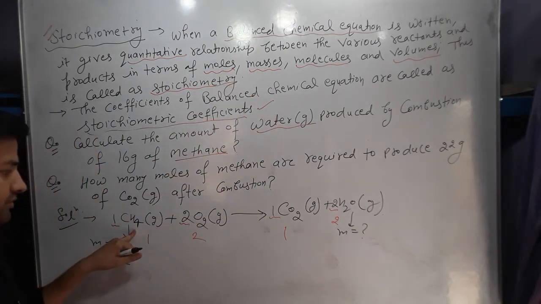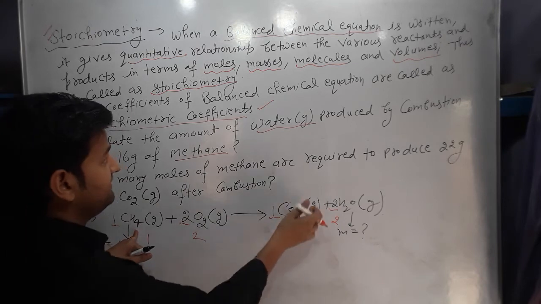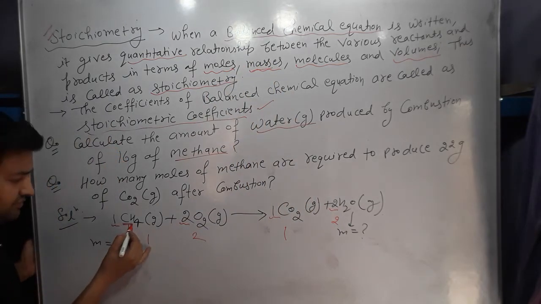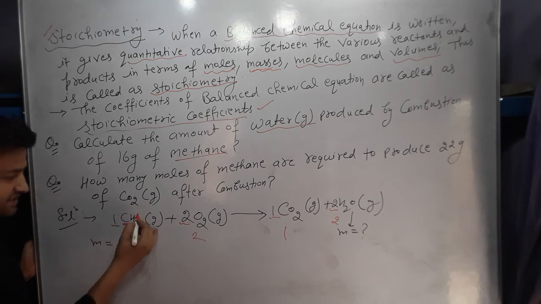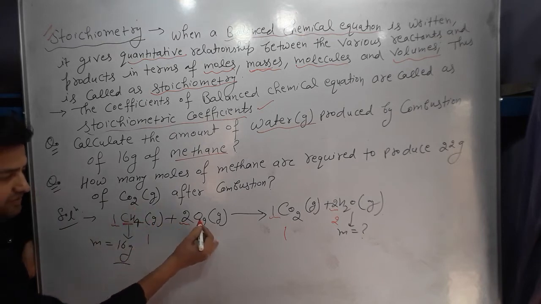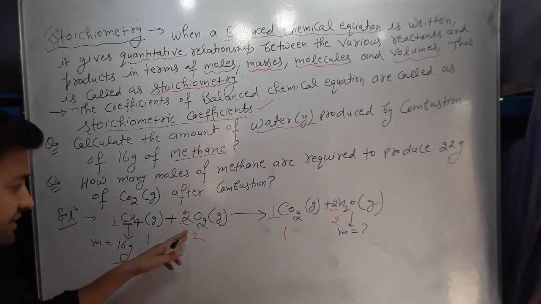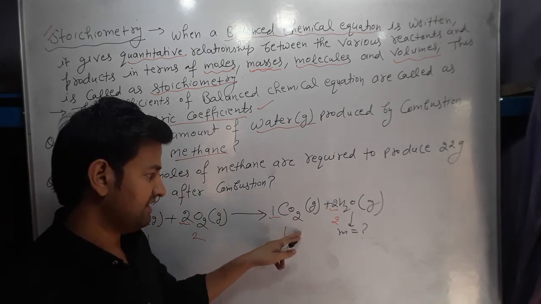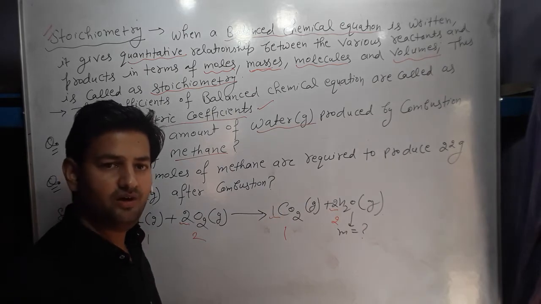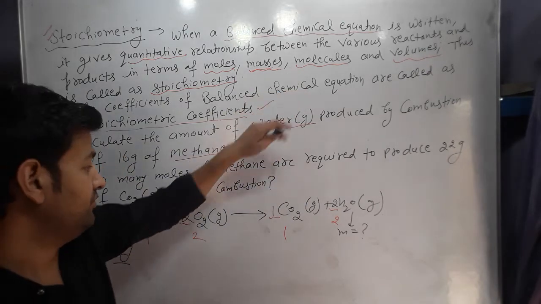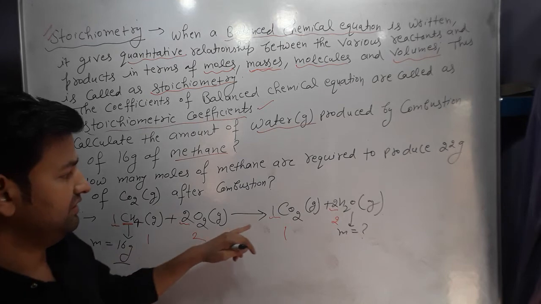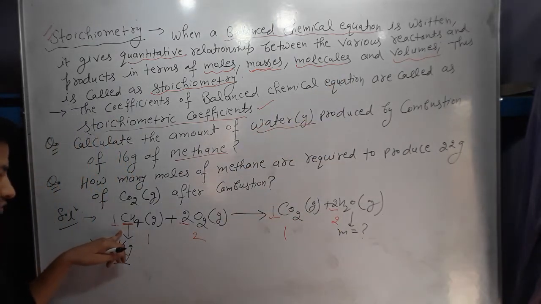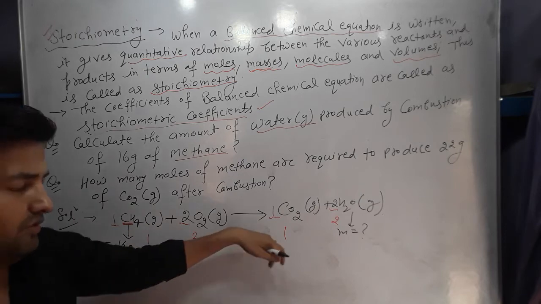If we look at the stoichiometry of this reaction in terms of mass, the molecular mass of methane is 16, so 16 gram of methane reacts with 64 gram of oxygen to produce 44 gram of carbon dioxide and 36 gram of water. In terms of molecules, it is 1 molecule, 2 molecules, 1 and 2. And in terms of volume, it is 22.4 multiplied by 1, 2, 1 and 2.